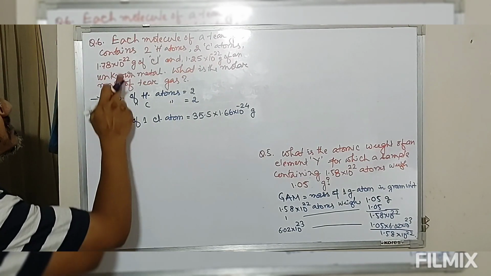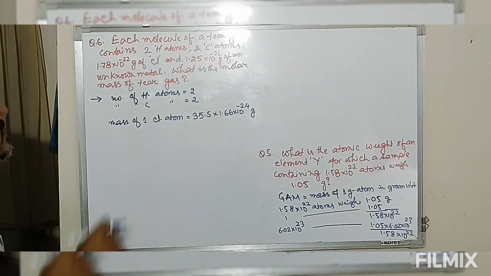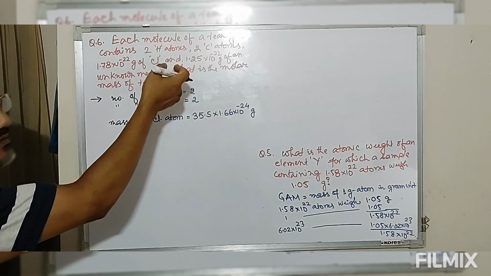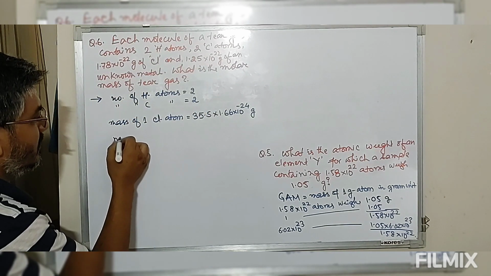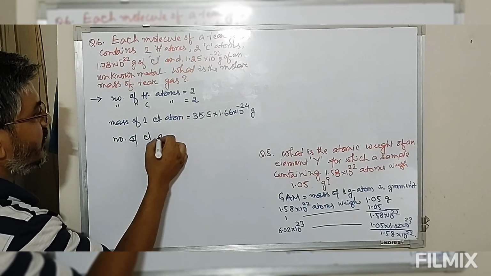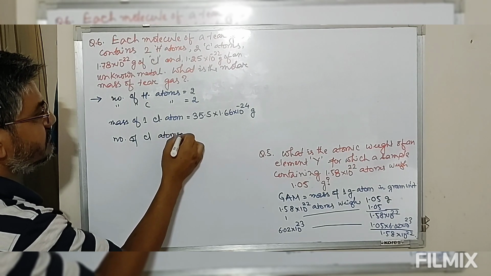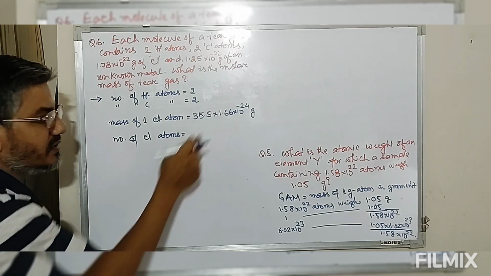Now the total mass of the sample is 1.78 into 10 power minus 22. So this total mass must be some x times the mass of this single atom. So therefore the number of chlorine atoms is equal to the total mass of chlorine divided by the mass of a single chlorine atom.